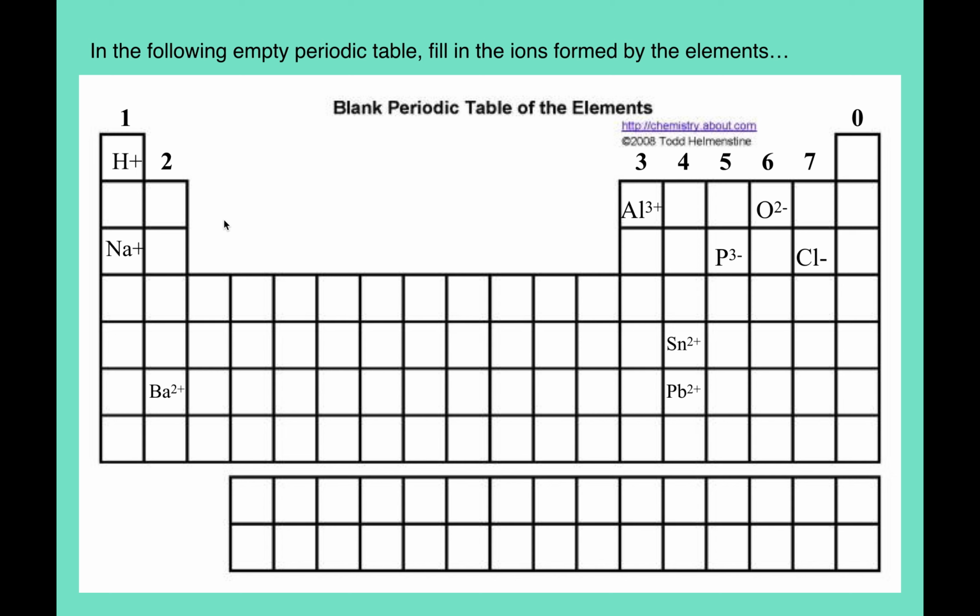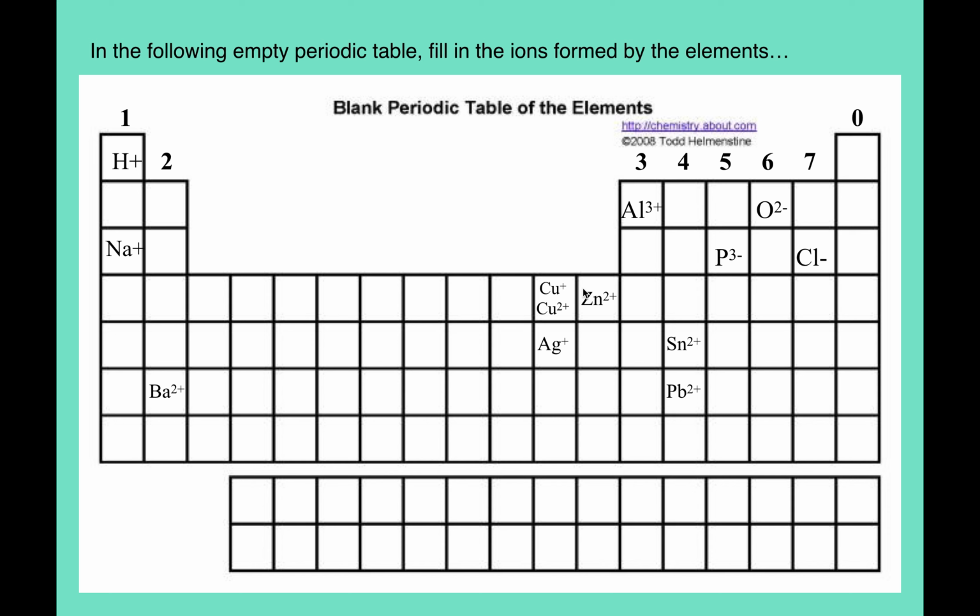Let's look at the transition elements, which are in the middle here. We'll look at zinc. Zinc typically loses 2 electrons to form Zn2+. And here come a couple of special cases. Silver first. Silver loses 1 electron to form Ag+. And now copper.